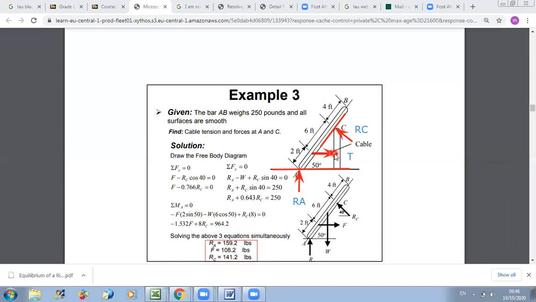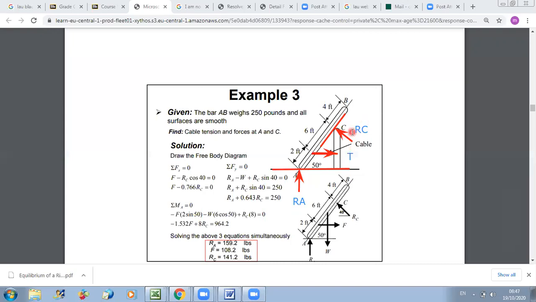If we move to sum of x and sum of y: in x you have two unknowns, the tension in the cable and the projection of RC along x, and in y you have RA and the projection of RC along y. So whatever you do, you will have two unknowns, which is why you can choose any three equations you want.